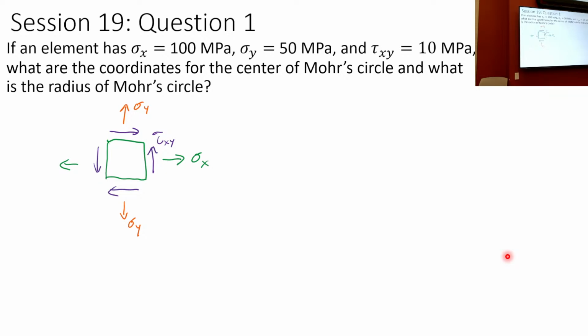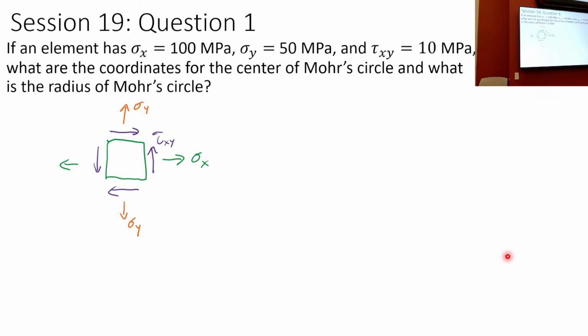Okay, so for question number 1, what we have here is a sigma x, a sigma y, a tau xy, and it's asking what are the coordinates for the center of Mohr circle? So sub-question 1, for calculating the center of Mohr circle, what's the second component?